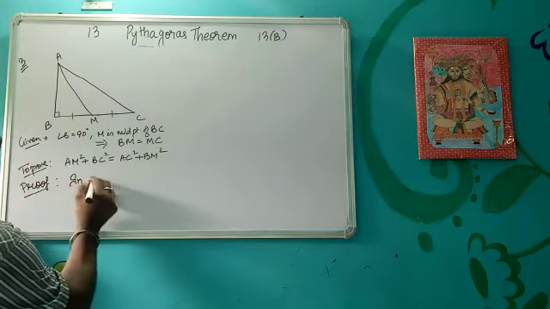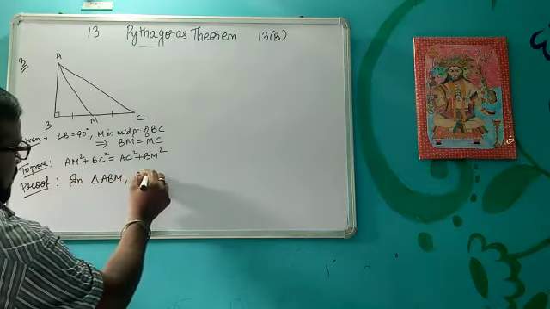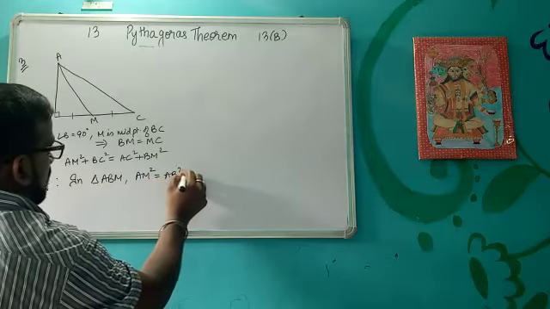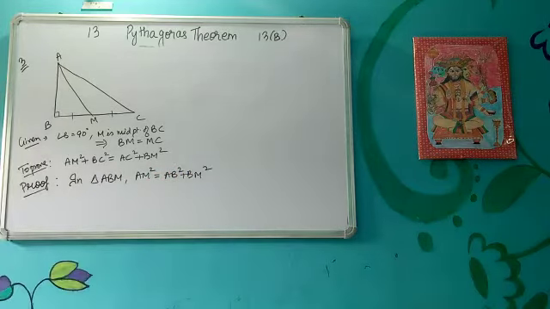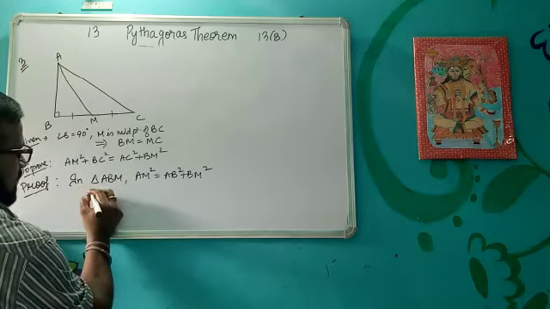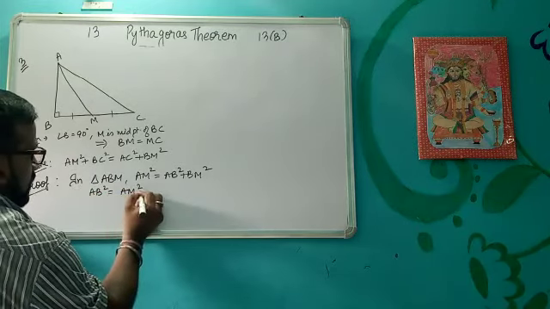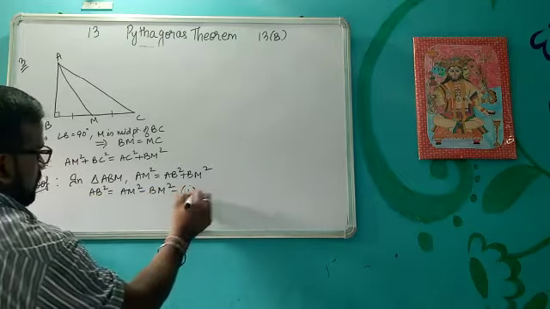So we will start like this. First we will take in triangle ABM, AM square is equals to AB square plus BM square. Okay. So we will get AB square equal to AM square minus BM square. This is our first relation.